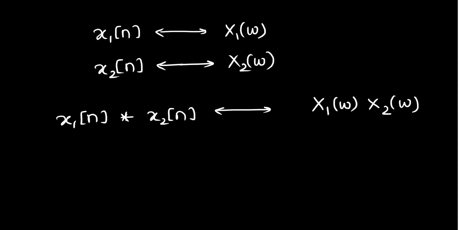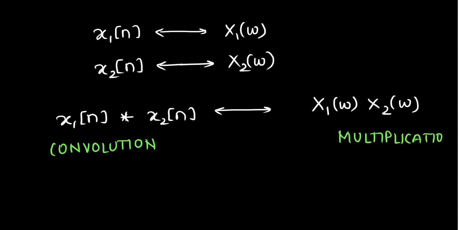So we have convolution in the time domain, and we get multiplication in the frequency domain, and we know that this is much easier than finding the convolution, which is a complicated calculation.